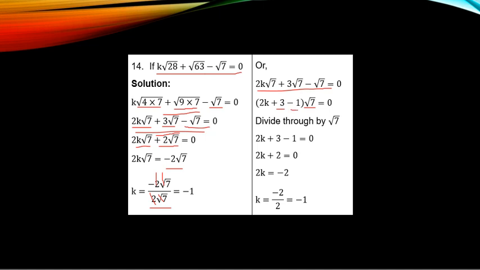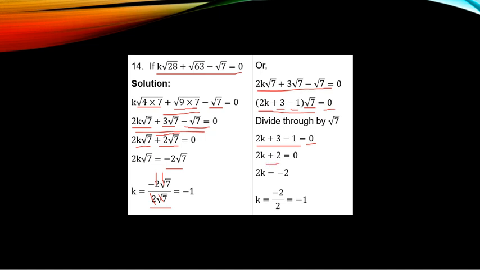So if you divide through by root 7, you divide both sides by root 7, you have 2k plus 3 minus 1 equal to 0. Because if you divide this side by root 7, this is what is left. Divide 0 by root 7, you also have 0.